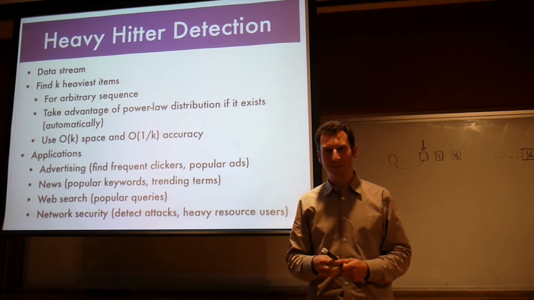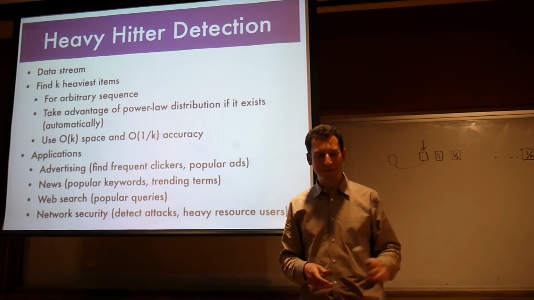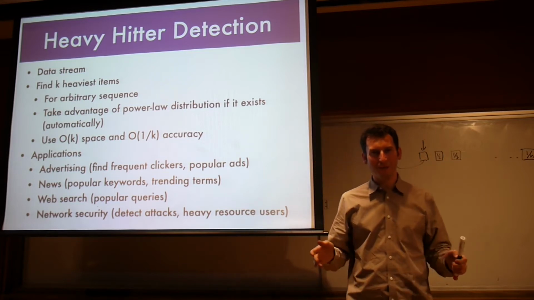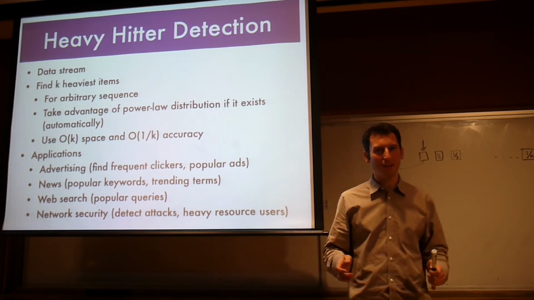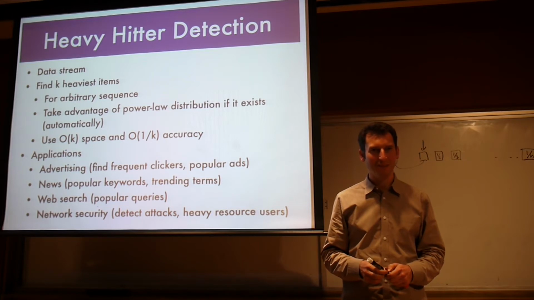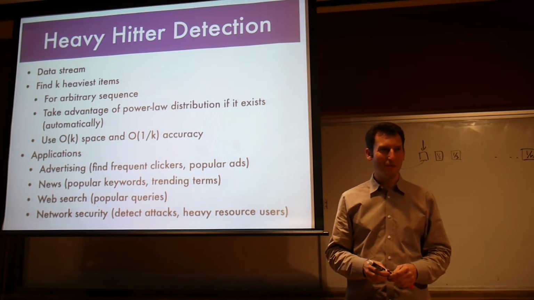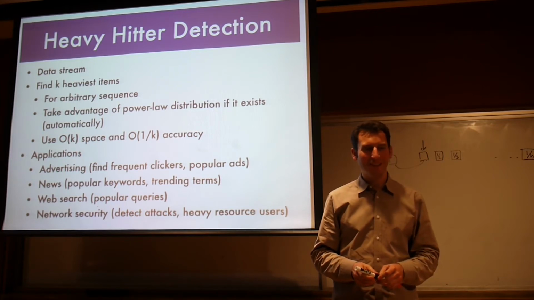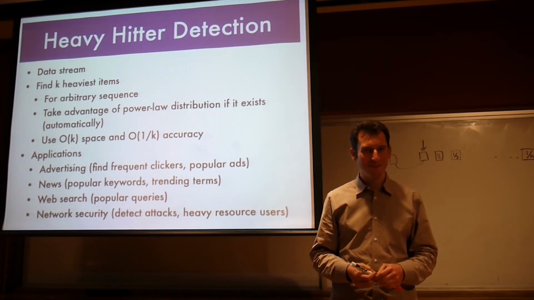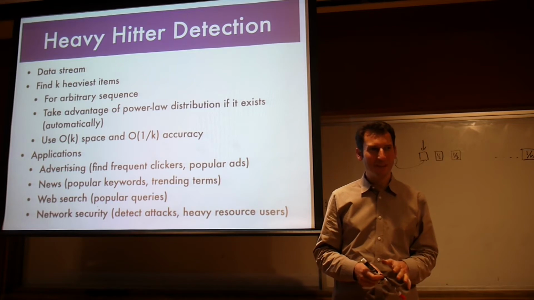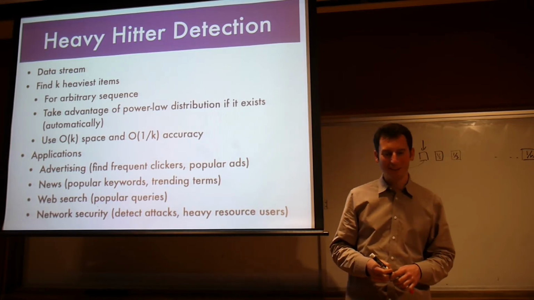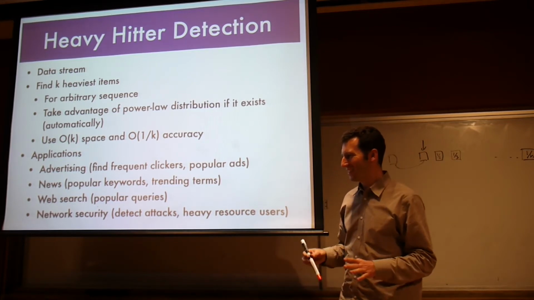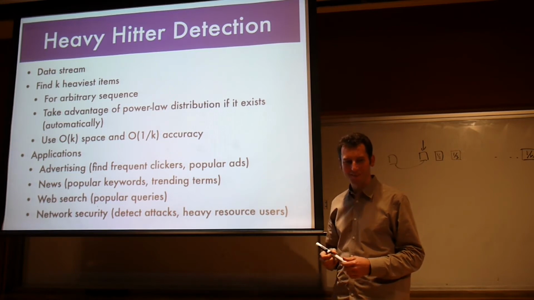Your budget gets exhausted for ads, and once this is gone, I'm the only one who's advertising for flowers, and I win all the auctions from real customers. That's obviously not something you really want, and so this is why you want to find the guys who get a lot of clicks at some point. There are fancier mechanisms to detect it, so don't worry, it's not that easy to cheat.